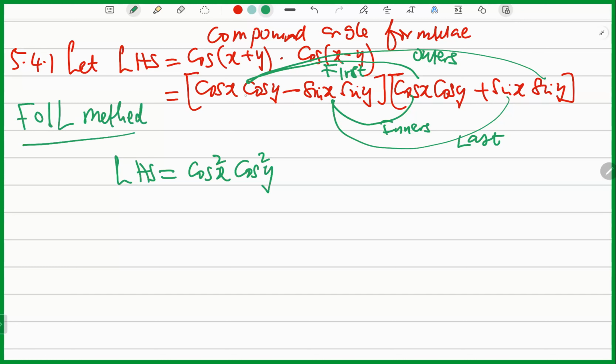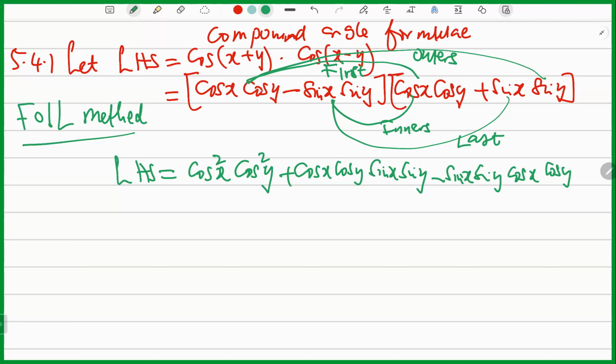So we multiply the cosine times the sine, which is plus cosine x cosine y sine x sine y, minus sine x sine y cosine x cosine y.